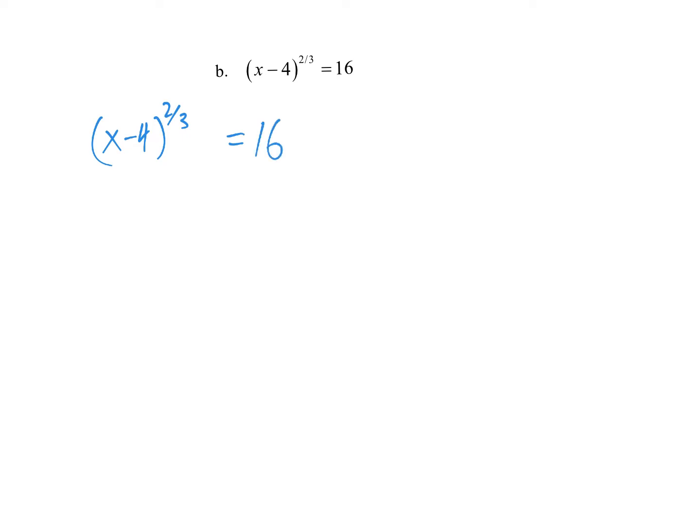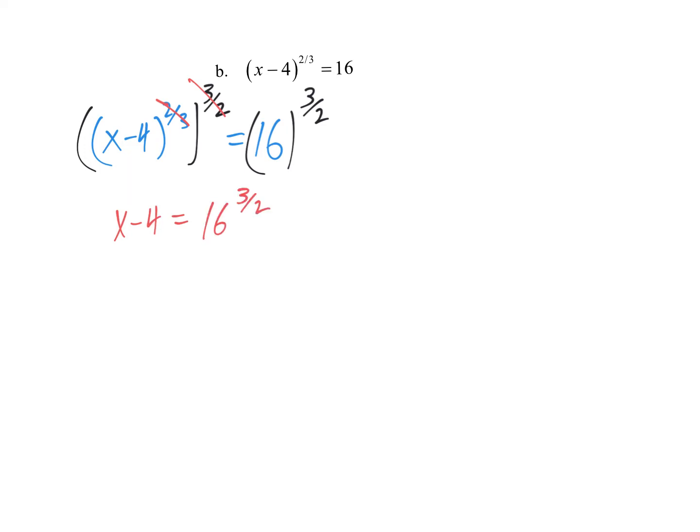And then let's go ahead and raise this to the 3 over 2 power. We're going to do the same on both sides. Okay. Remember, the reason we can do this is the power rule, which says if you raise one side to a power and the other side to a power, we should be able to get them to remain equal. So the first thing that's happening is let's take this 2/3 power and this 3/2 power to cancel out. x minus 4 is equal to 16 to the 3 over 2.